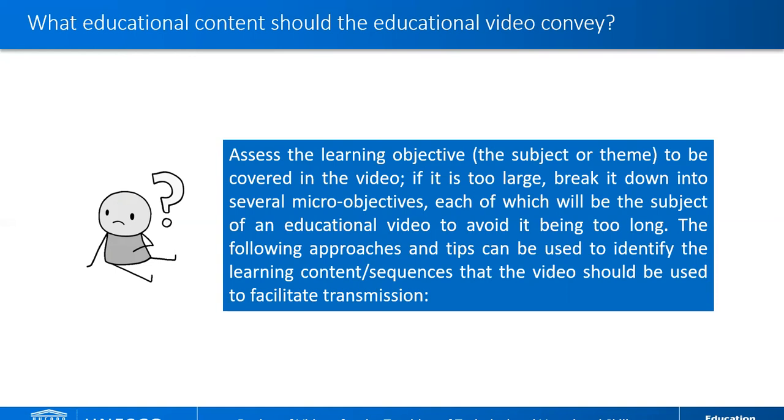If it is too large, break it down into several micro objectives, each of which will be the subject of an educational video to avoid it being too long. The following procedure and tips can be used to identify the learning content or sequences that the video should be used to facilitate transmission.